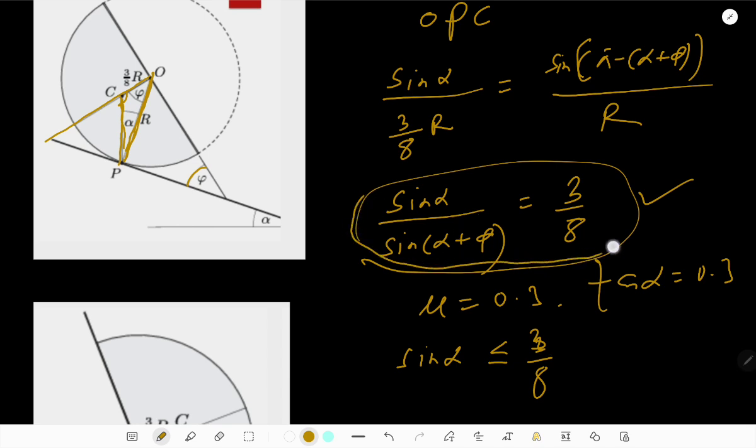You can see this result from this equation.